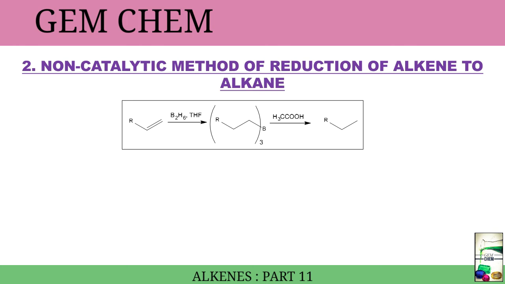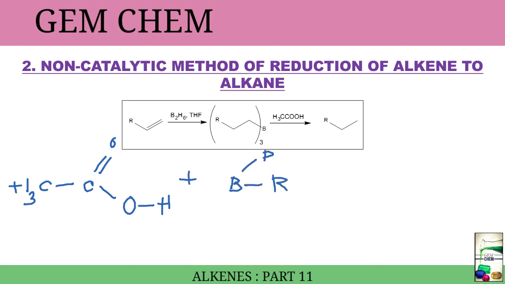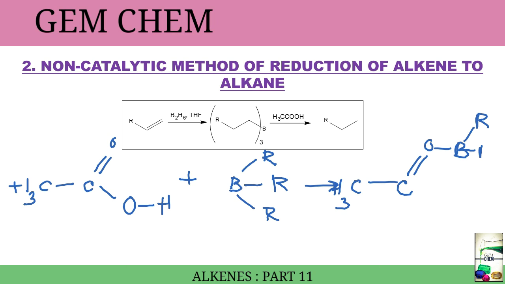So first we see acetic acid, CH3 C double bond O OH, plus B R R and R. So these get joined to give us such a thing, that is, suppose this is the methyl group and C double bond O B R R and R, and here OH, and this is positively charged since boron is getting attached.